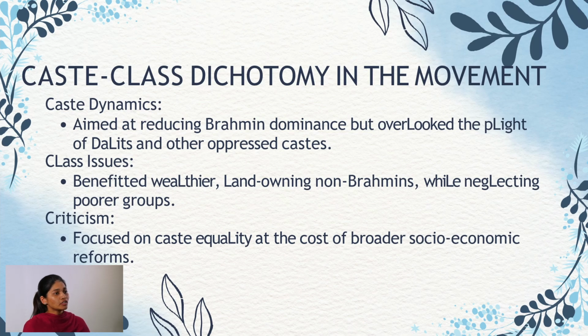The movement's achievement in promoting non-Brahmin interests did not necessarily translate into comprehensive reforms that would uplift all disadvantaged communities. As a result, many critics contend that while it succeeded in challenging Brahmin hegemony, it did not adequately address the underlying socio-economic issues that perpetuated inequality in Indian society.